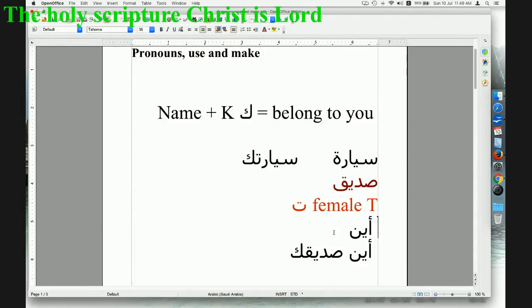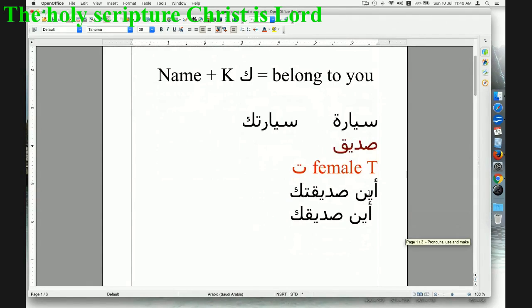I say أين صديقتك؟ Again, the same as the سيارة, if you remember, the word ends with this kind of ta, as you see it here, and then we add the ka, and that will make it for a female.